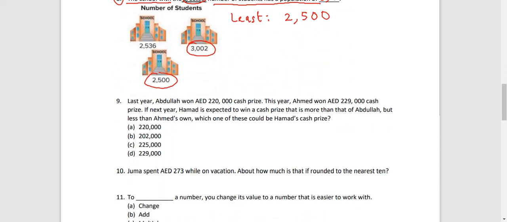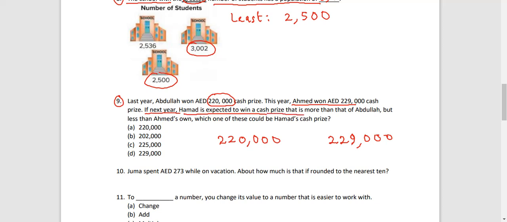Question 9. Last year, Abdullah won a 220,000 cash prize. This year, Ahmed won a 229,000 cash prize. Next year, Ahmad is expected to win a cash prize that is more than that of Abdullah, but less than this year's.